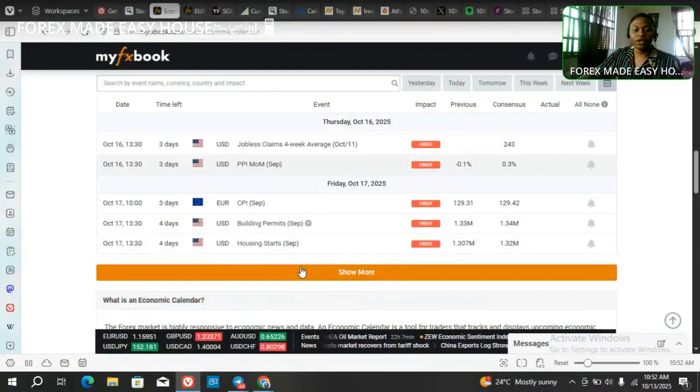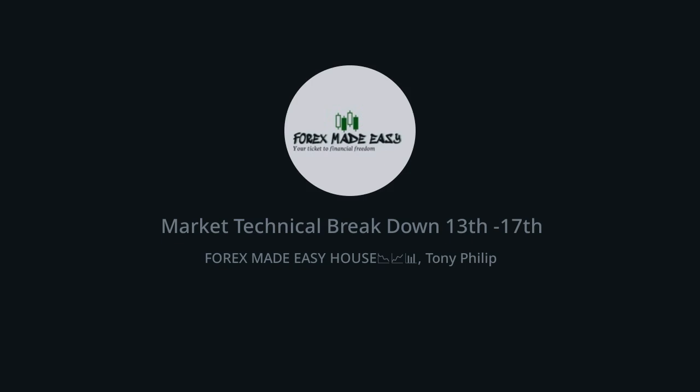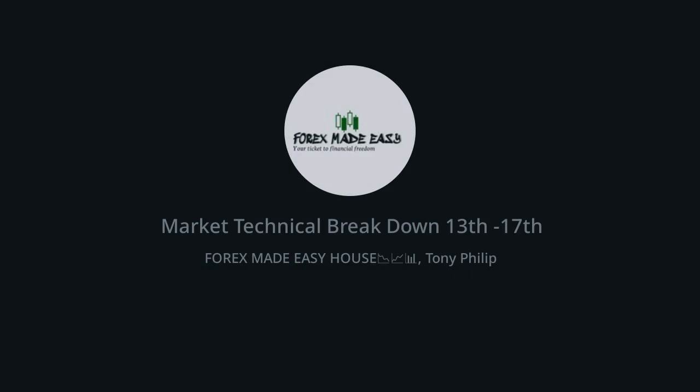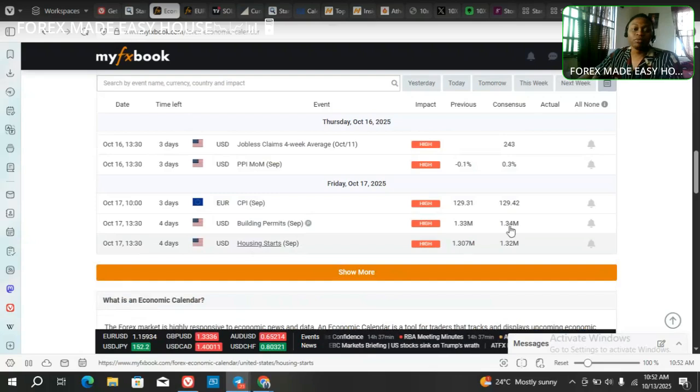Okay, so to wrap up the week on Friday, we have the Euro CPI inflation rate. If you see a figure higher than 129.40, it is good. You don't have to worry, it is bad. 1.34 million is good for the dollar.